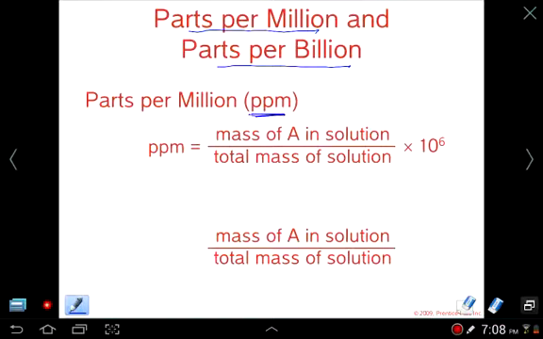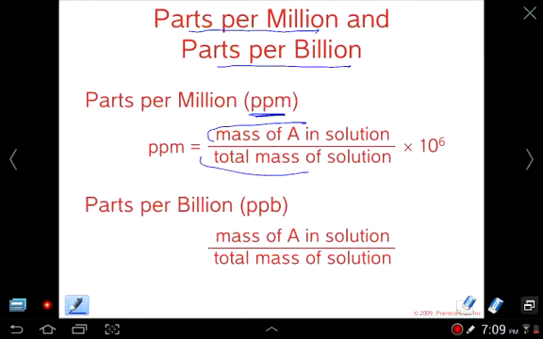And essentially the equation is you take again the mass of your solute divided by the total mass, and then you multiply not by 100 but by a million. Remember, 10 to the 6th is actually 1 million. So it's essentially the same thing as percent, but you multiply by a million.